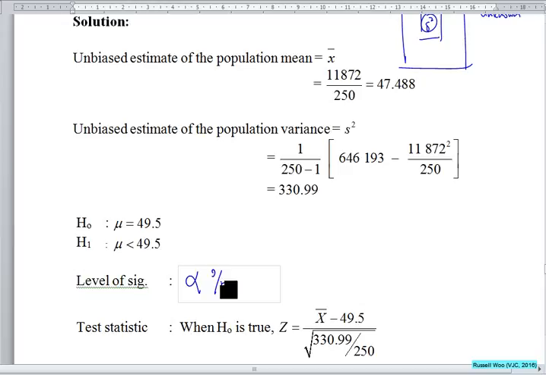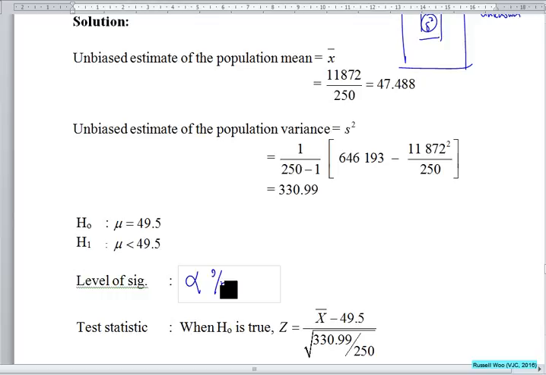Look, n is large, so Z test, not T test. Because n is large, this 330.99 is more or less a constant, not a variable. It's a very good estimate for the population variance.